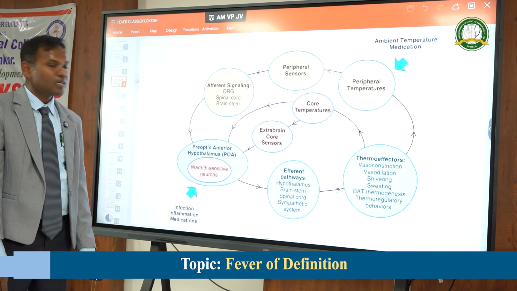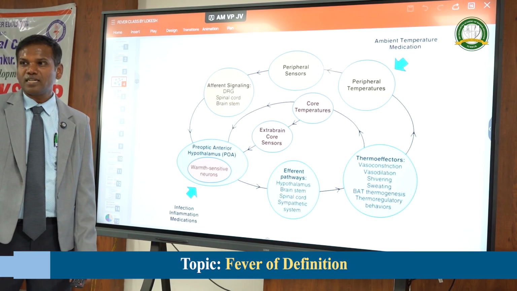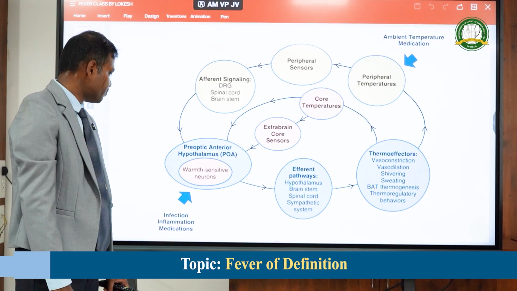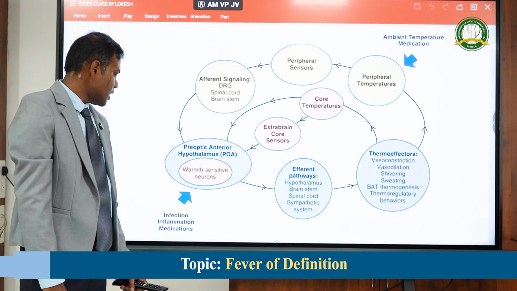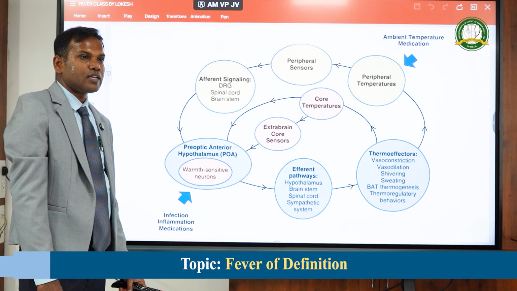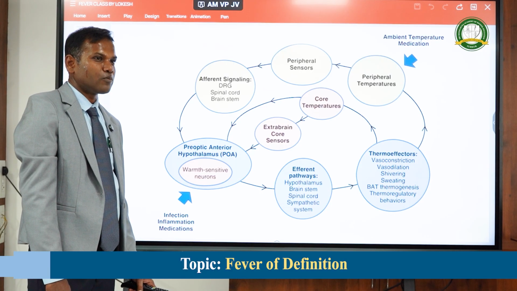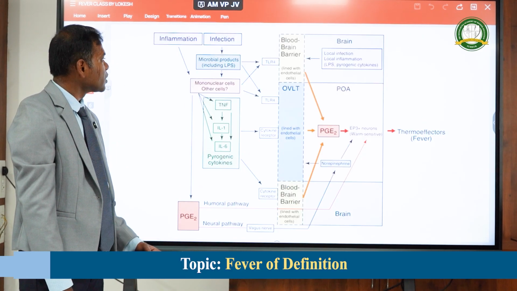Core temperature is sensed by extra-brain core sensors and the preoptic hypothalamic neurons. Any infection, inflammation, medication or other inflammatory mediators lead to thermogenesis, leaving our body temperature uncontrolled.